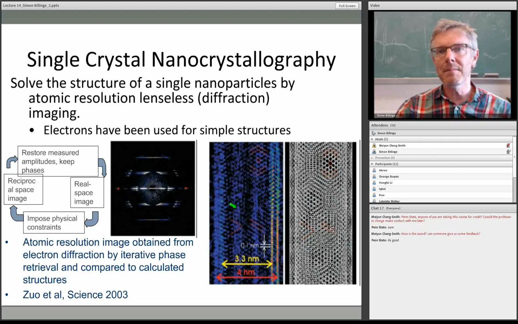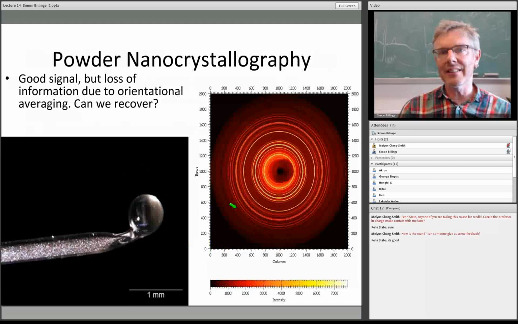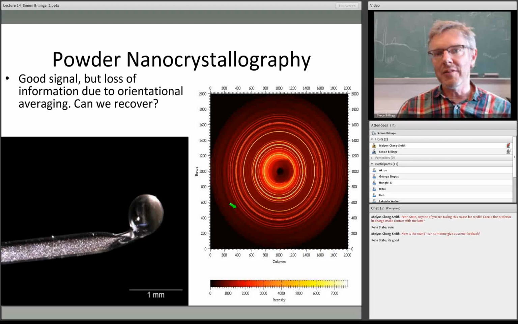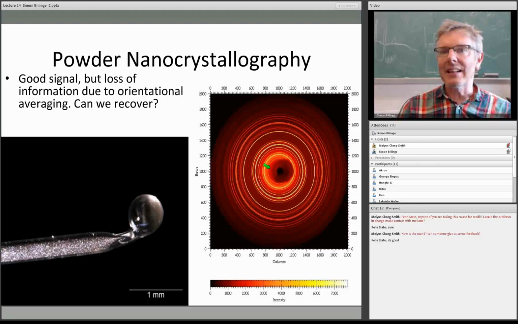But we're getting there. The other approach, which I'm going to talk about, is powder nanocrystallography, where you take hundreds and thousands of your nanoparticles and put them into a vial, into a capillary. This is a capillary filled with a crystalline powder, and this is a 2D diffraction pattern from a powder of crystals.